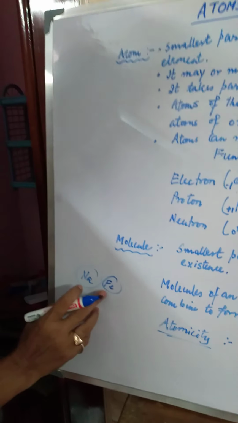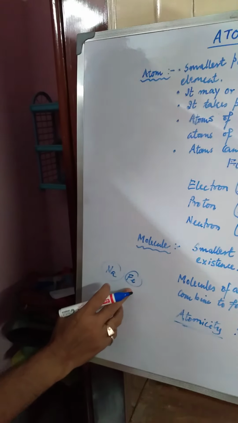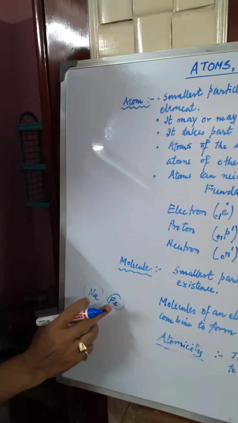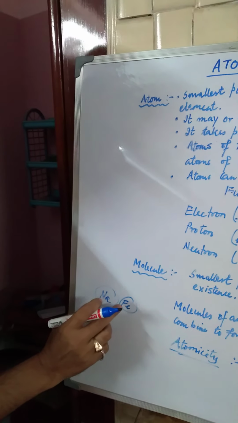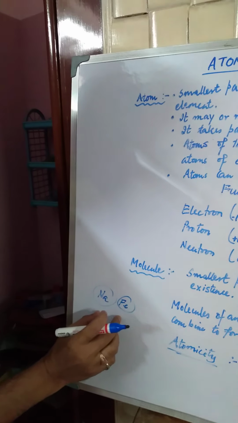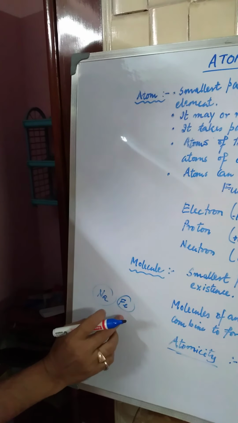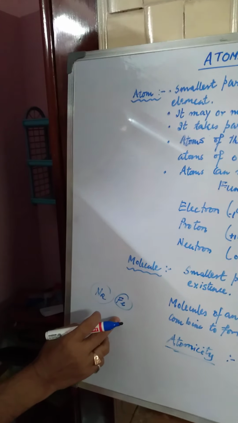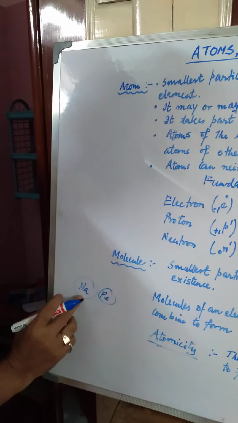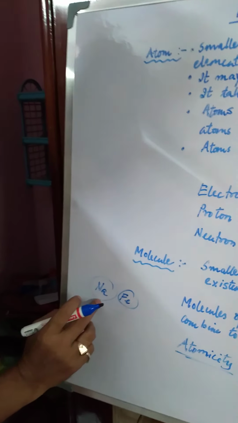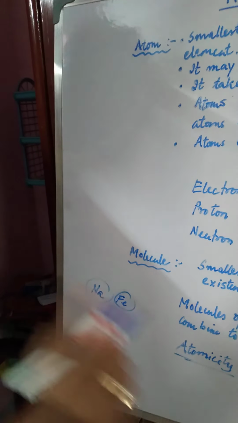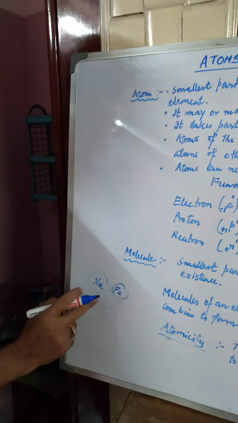Fe is the symbol of iron. It has only one atom, and this one atom forms the molecule. So the symbol Na or Fe represents the atom as well as the molecule. These are examples of monoatomic elements, because their atomicity is only one: one atom forms the element.